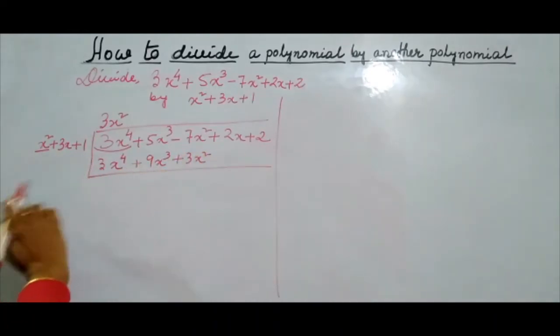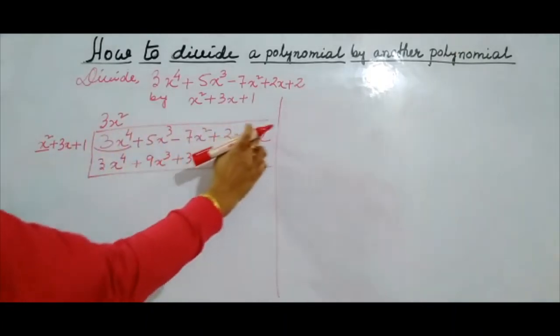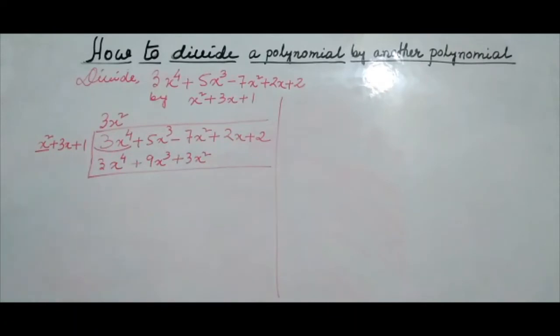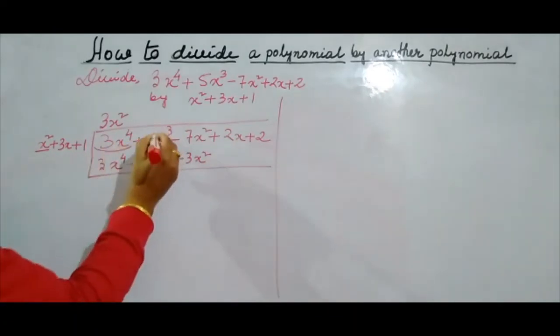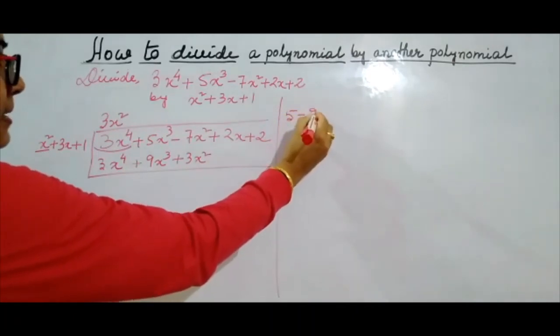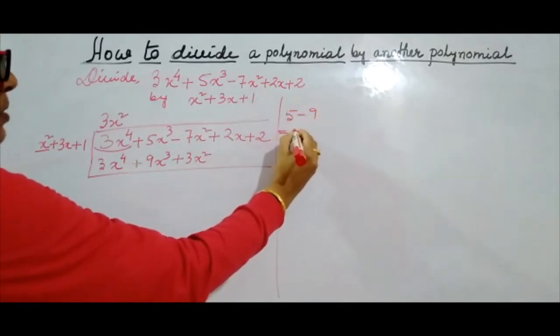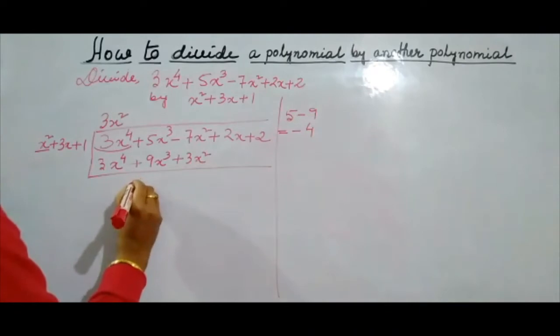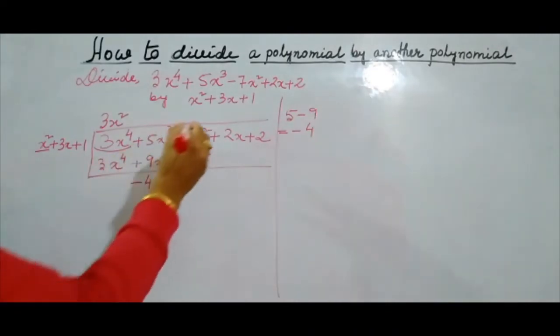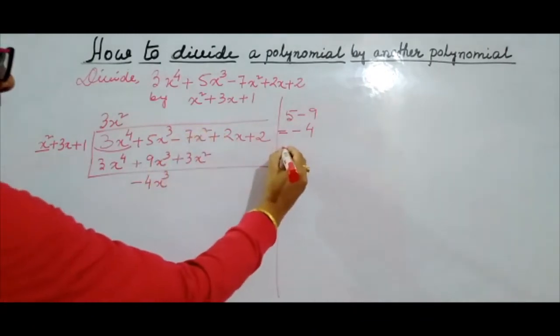Next we are going to subtract this polynomial from this polynomial. This minus this, as I told you, will always be 0. Now the coefficient of x cube is 5 here, 5 minus 9, so the answer is minus 4. So it will be minus 4x cube. Now the coefficient of x square is minus 7.